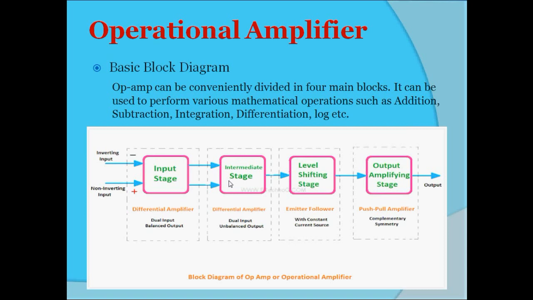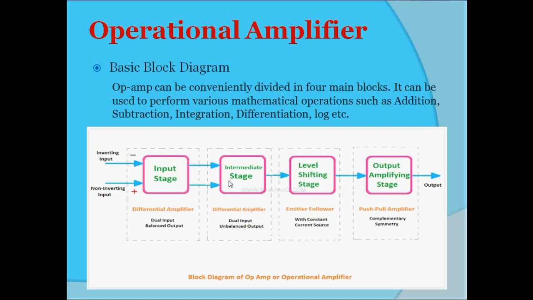Because direct coupling is used between the first and second stage, the DC voltage at the output of the intermediate stage is well above, very much greater than, the ground potential of 0 volt.